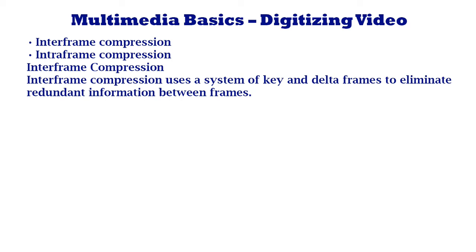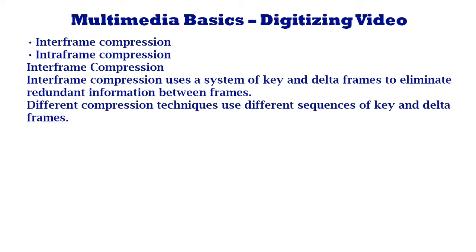Either way, the keyframes serve as reference source for delta frames. Delta frames contain only pixels that are different from the keyframe or from the immediately preceding delta frame. During decompression, delta frames look back to their respective reference frames to fill in missing information.